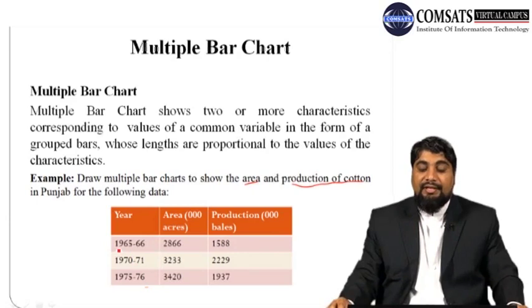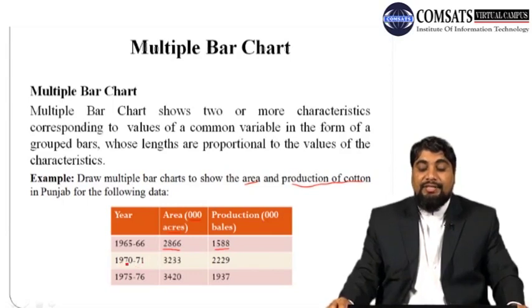So for the year 1965 to 66, the area of cotton in Punjab was 2866. And remember that here area is measured in 1000 acres. And the production in 1000 bales, cotton bales, it is 1588.